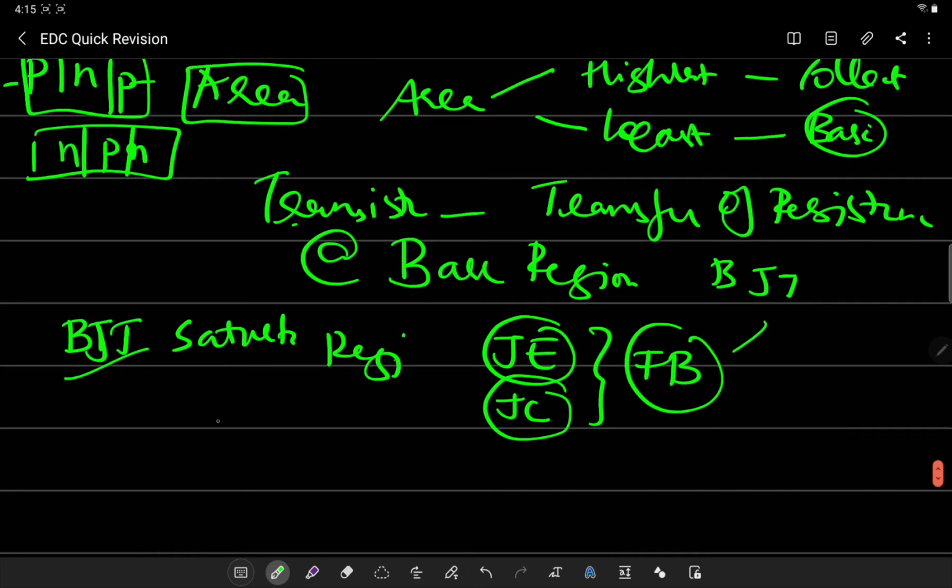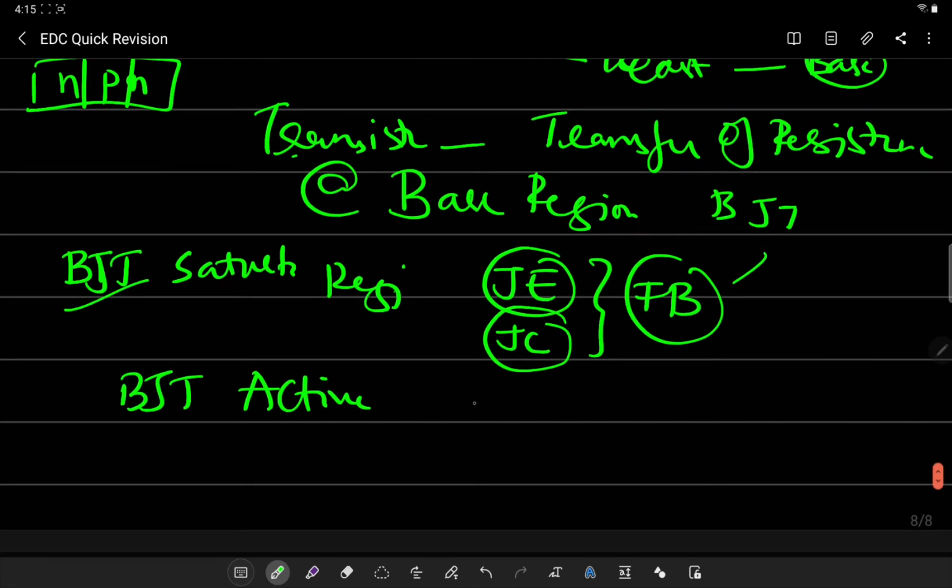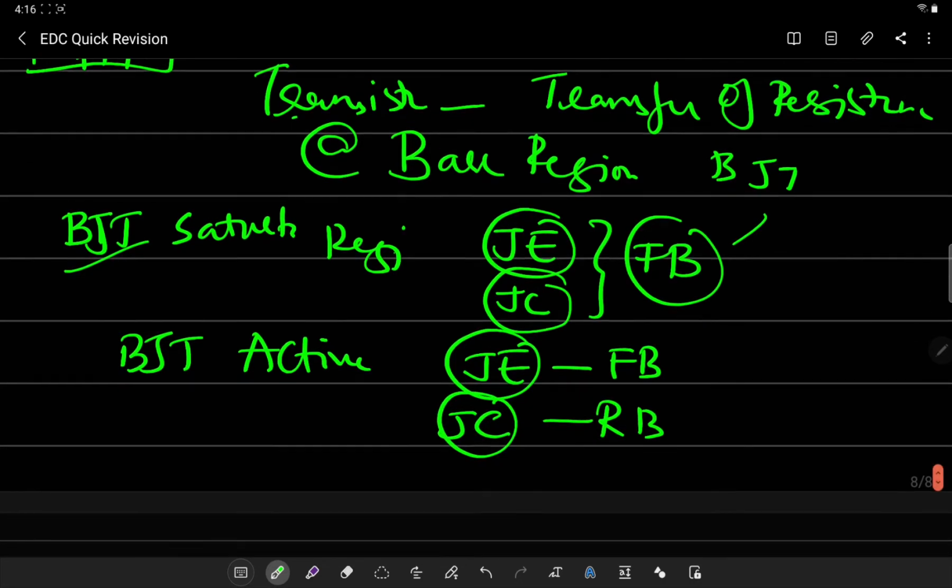For active region, the emitter junction is forward biased and the collector junction is reverse biased.